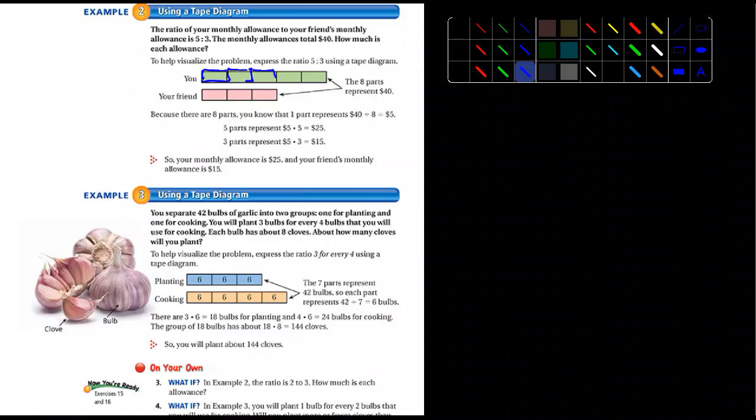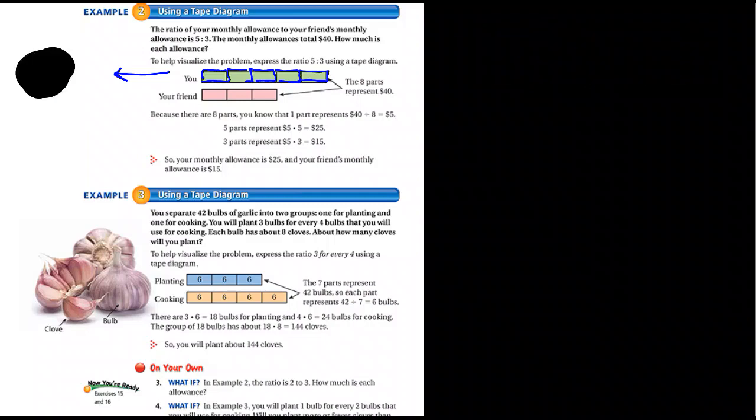There's 1, 2, 3, 4, 5. How many times does 5 go into 40? 8 times. So each one of those squares would represent $8. Because you may get questions like that.